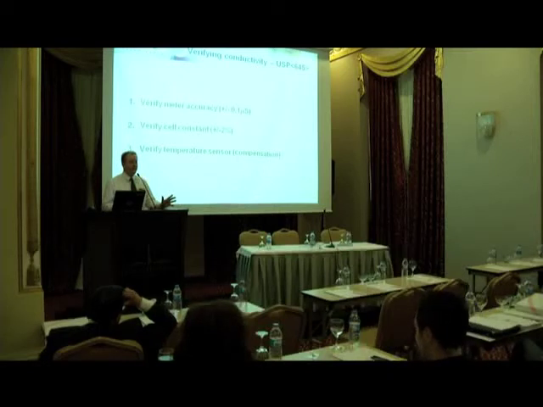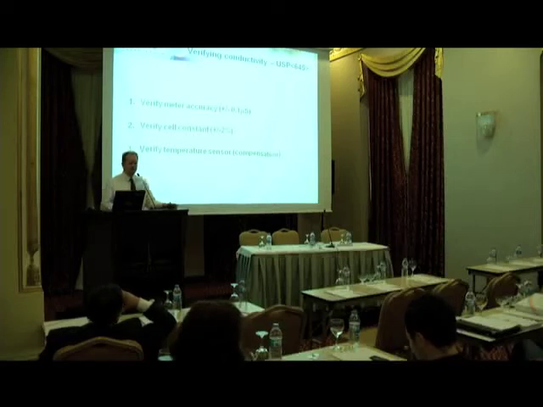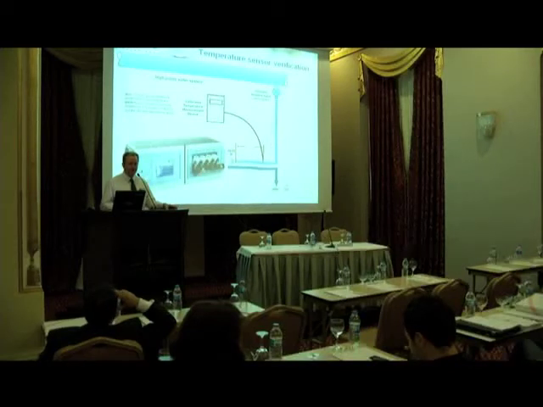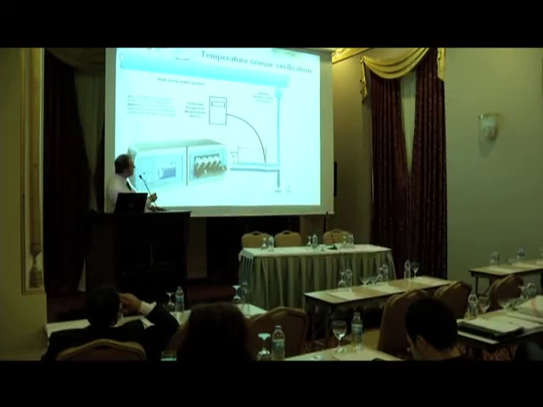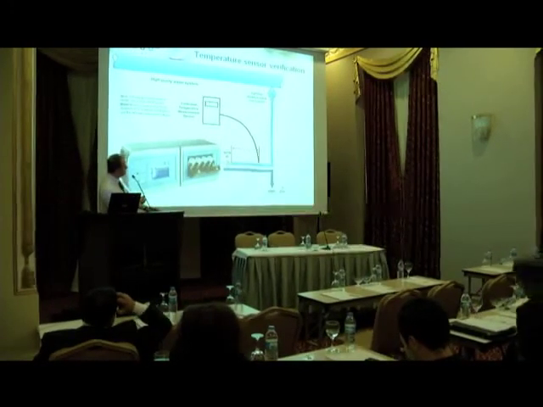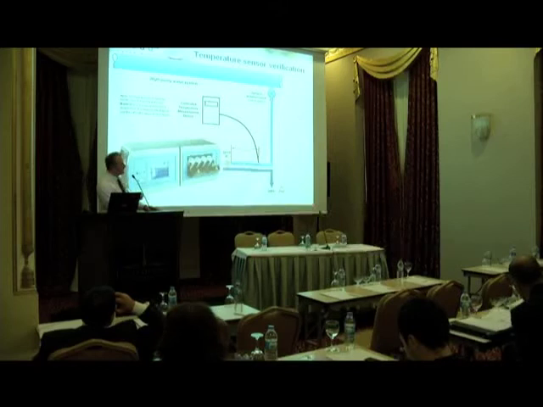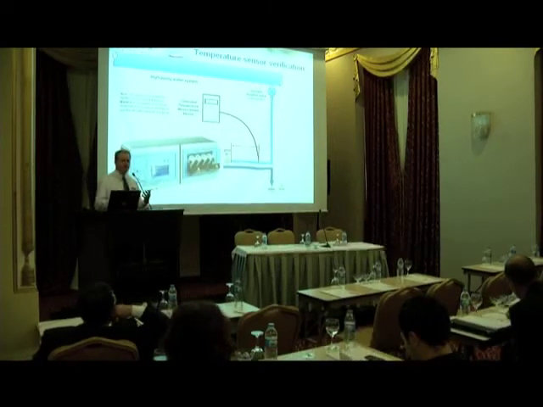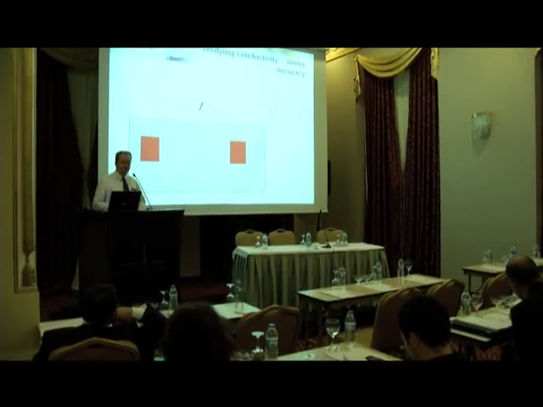So all TOC analyzers will actually have a temperature sensor in them, and they have a compensation curve built into them. So it's important to verify the temperature sensor as well. So checking the temperature sensor, quite simply, you could use a certified calibrated instrument, measure the water temperature coming in, and check that the instrument itself is reporting the same temperature.